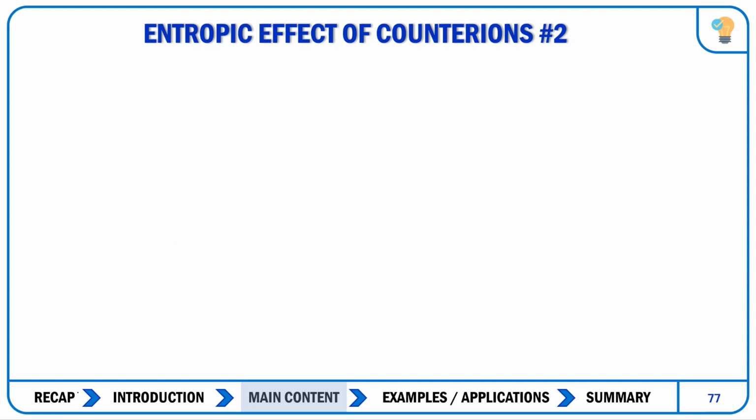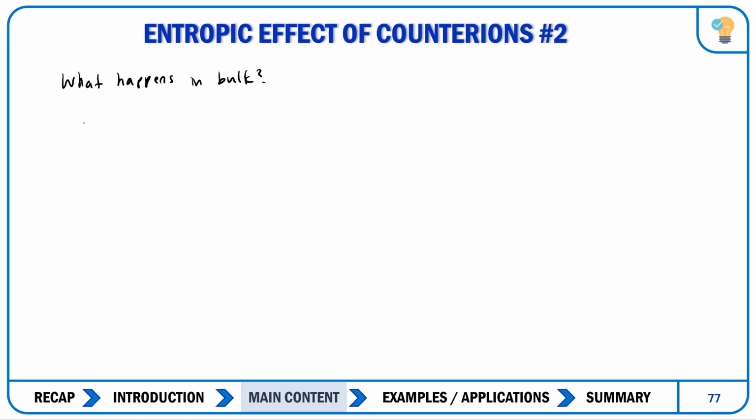Now the next thing we want to take a look at is what happens in bulk. So essentially we took a look at the contribution at the surface. We now want to take a look at the contribution everywhere else.